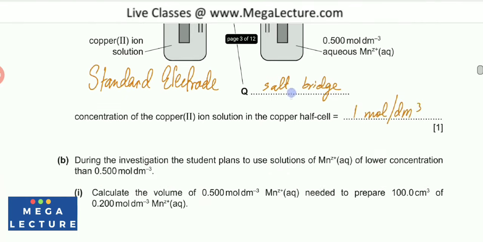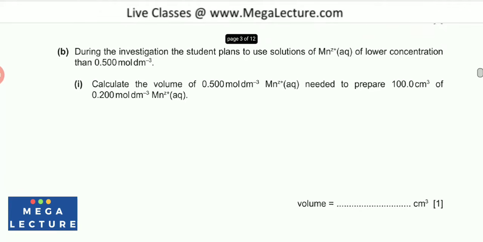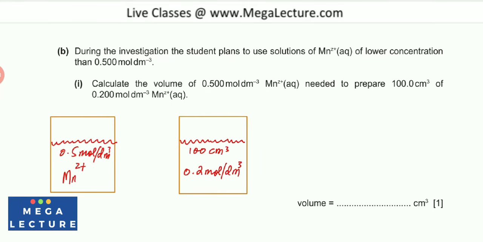Let's move to the next part of the question, which is that during the investigation, the student plans to use solutions of Mn^Z+ of lower concentration than 0.5 mole per decimeter cube. And now you're being asked, calculate the volume of 0.5 mole per dm cube Mn^Z+ needed to prepare 100 cm cube of 0.2 mole per dm cube Mn^Z+. Now let's figure this out.